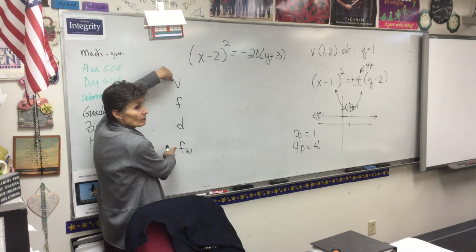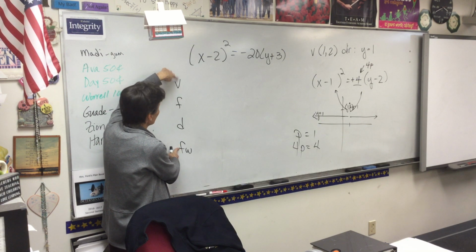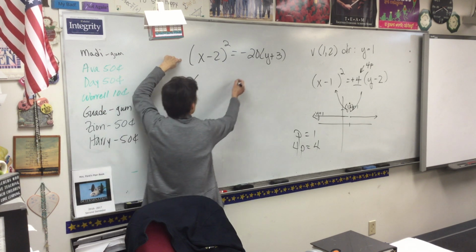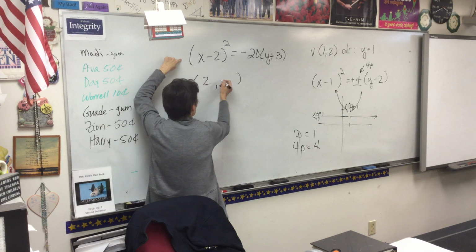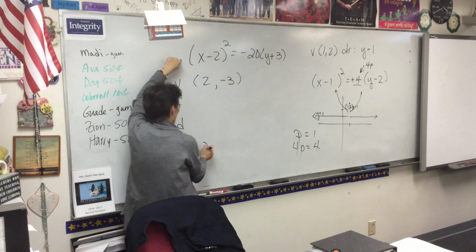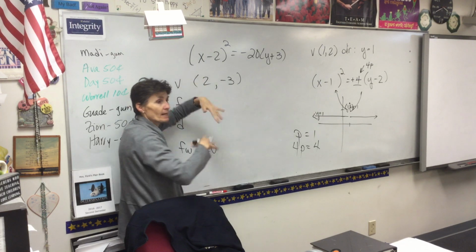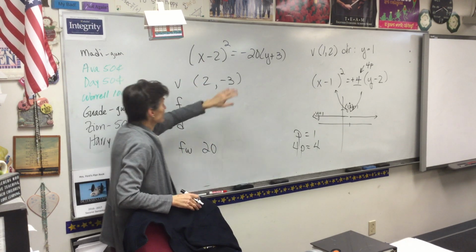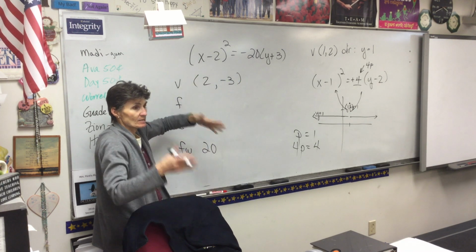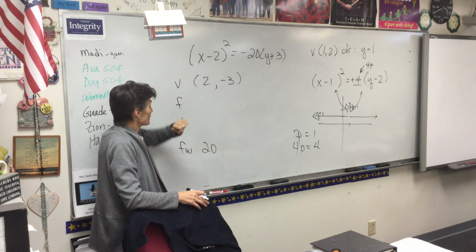These two are gimmies. You can get them just from eyeballing the equation. Where's my vertex? (2, negative 3). What's my focal width? 20. This number is always the focal width, positive. It's a distance, a width, so it's positive.